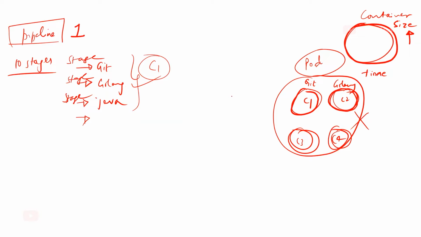Okay. So you must be wondering, let's say Golang stage runs in C2, and my Git is running in C1. Inside this Git container, I downloaded some source code. Now I need to build that source code in the C2 container. But inside C1, your source code is there. How can C2 build that source code?